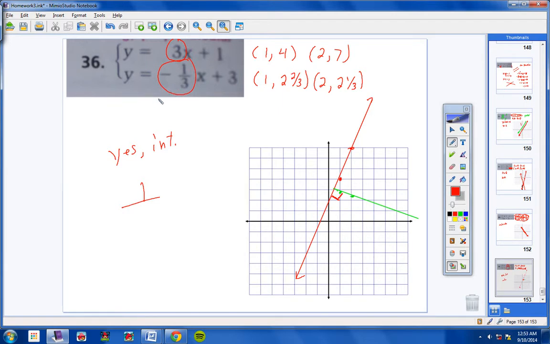So with that in mind, we ask ourselves, are the two slopes opposite? Yes, one is positive and one's negative. And then we ask ourselves, are the two slopes reciprocals of each other? And the answer is yes. They're both reciprocals of each other. So these two lines intersect, and yes, they are perpendicular.